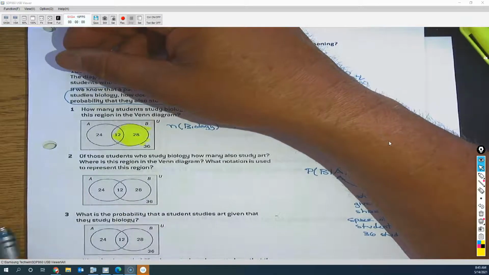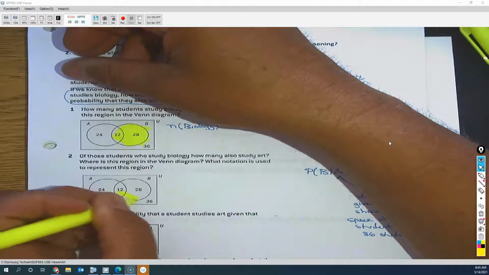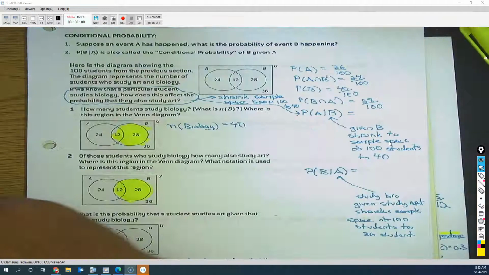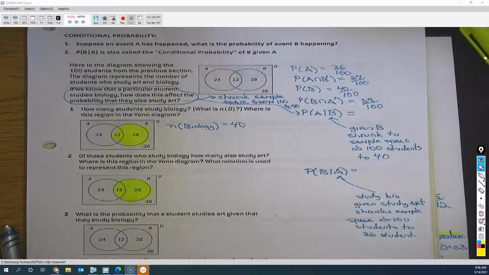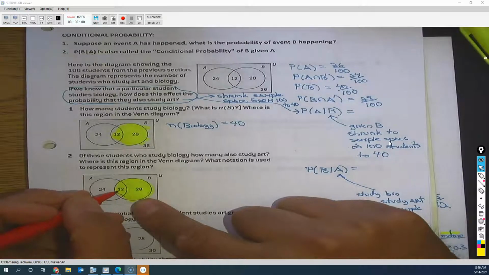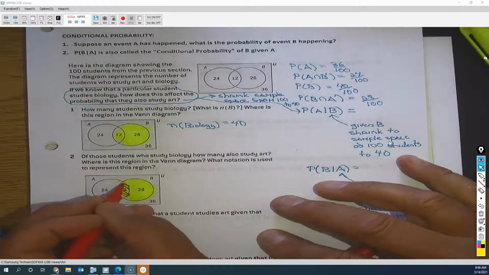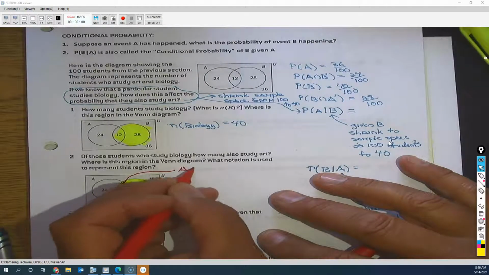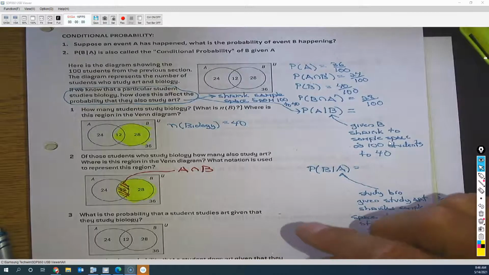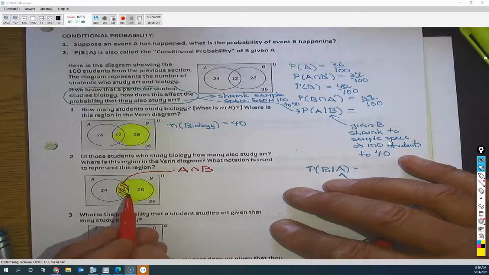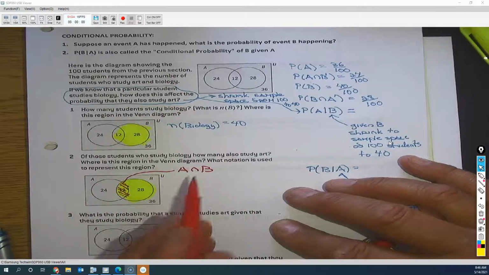Where is this region in the Venn diagram? Now you're looking at biology, not biology only, but just biology. This little piece are the kids that study art who already study biology. This region, we say it's the intersection of the two. The thing that makes it different is it's not the intersection out of 100 kids, it's the intersection out of 40 kids.